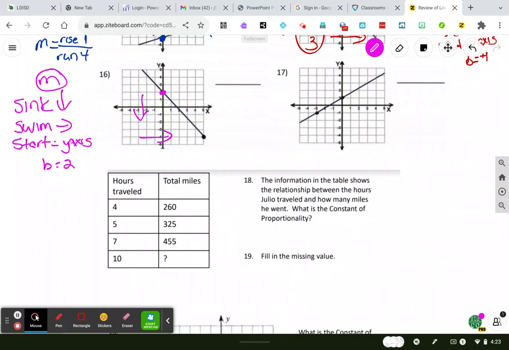And let's go from this point to this point. So let's start here. 1, 2, 3, 4, 5, 6. So we're going to go down 6. And then we're going to go over 1, 2, 3, 4, 5. That's our M. So y equals -6 over 5x. And then our B was a +2.